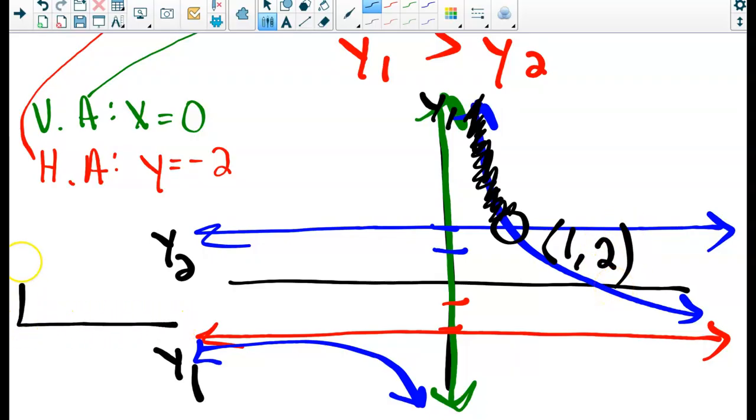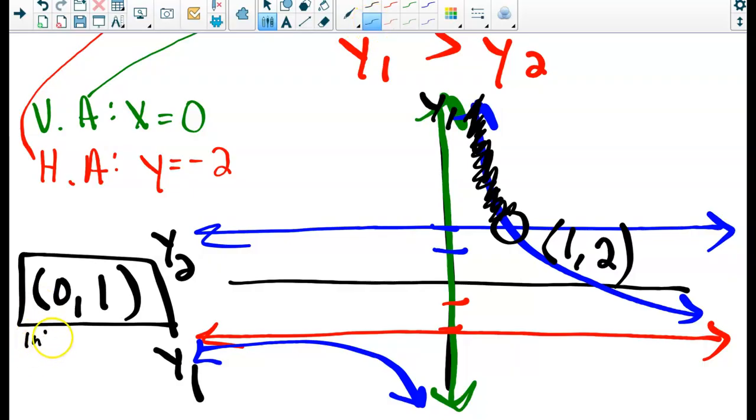And so my final answer here is going to be this section here. It's going to go all the way to 0 but not include it, and it's going to go all the way to 1 but not include it. So that's interval notation. It's not an ordered pair, just to clarify that. Okay.